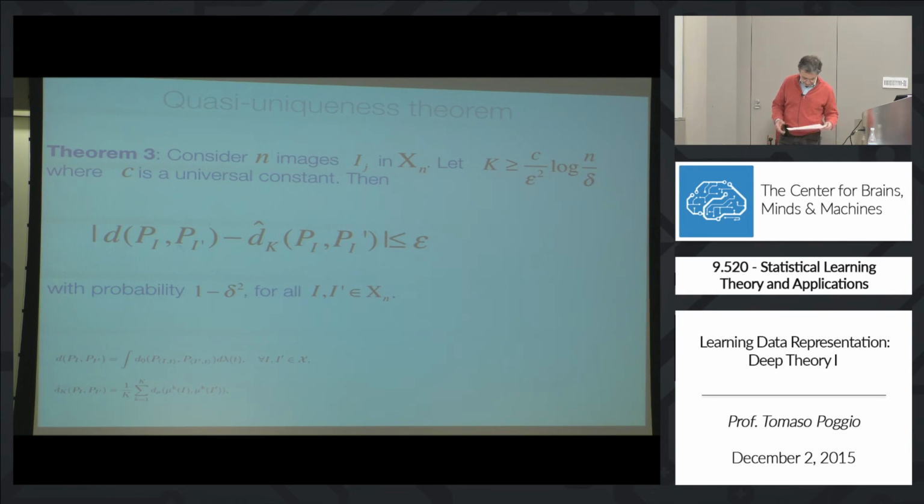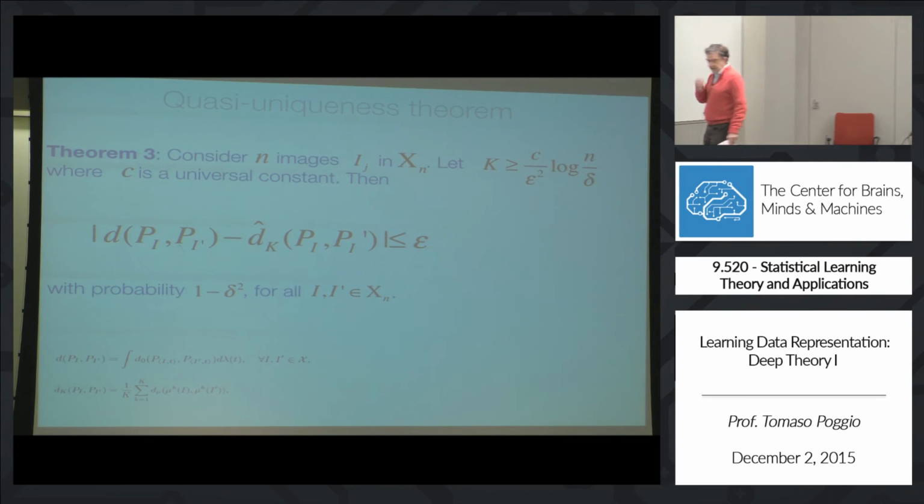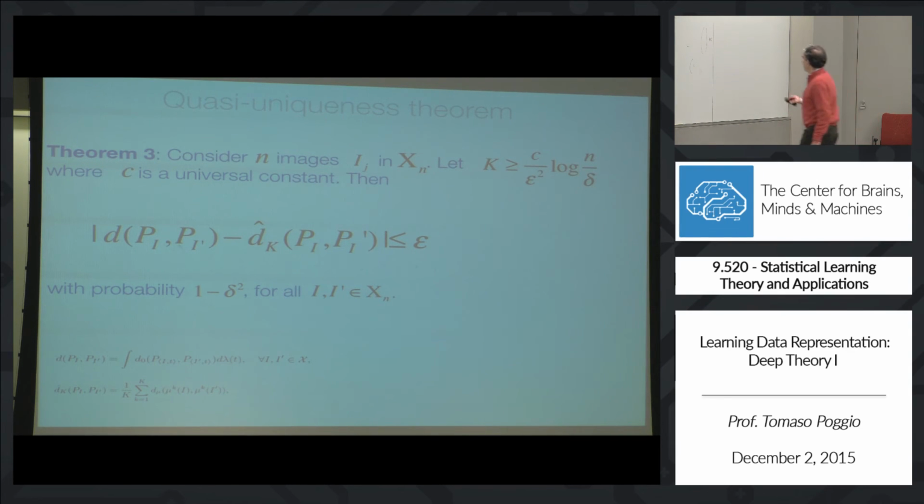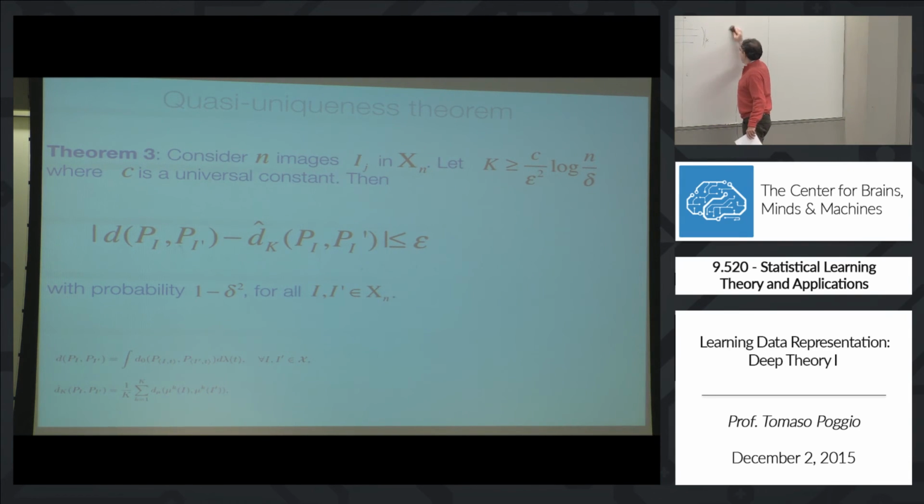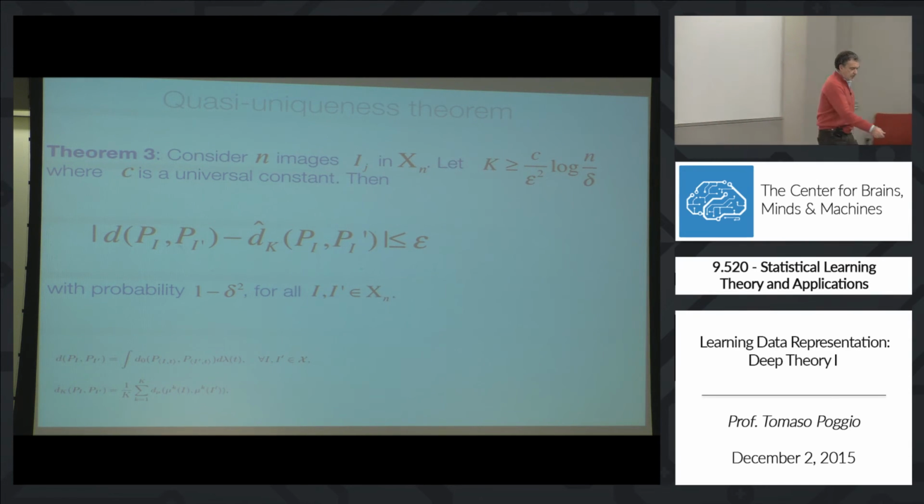But one way to understand how a proof could go is to use actually the Johnson-Lindenstrauss lemma.